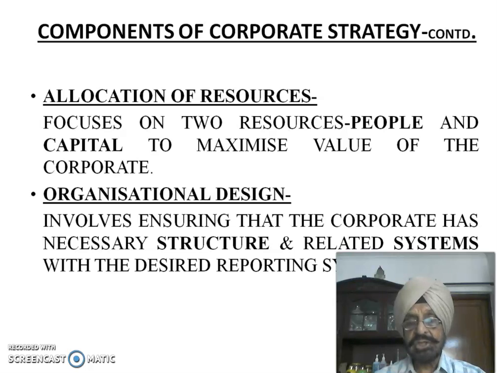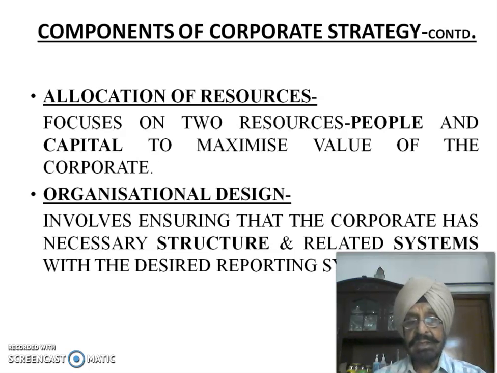It involves ensuring that the corporate has the necessary structure and related system with the desired reporting system for supporting the type of strategy that we want to do. So, to implement a particular strategy, we have to have the proper structure and system, because this will decide how decisions are taken, who reports to whom, and who is responsible for what.